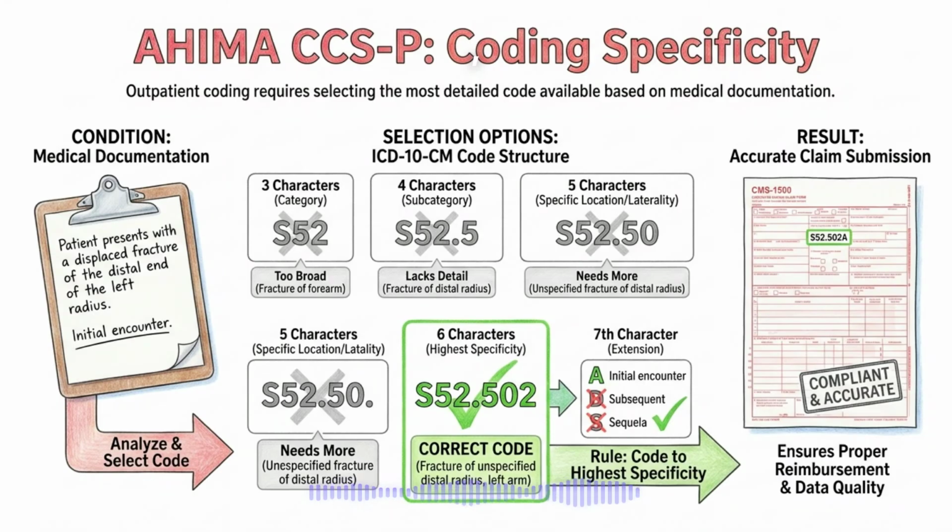These extra characters can stretch the code out to 4, 5, or 6 digits, allowing you to capture precise information like the exact location of a disease, its severity, or whether it affects the left or right side of the body. In outpatient coding, you must always code to the highest level of specificity supported by the documentation, meaning you cannot use a shorter code if a longer, more detailed code is available.